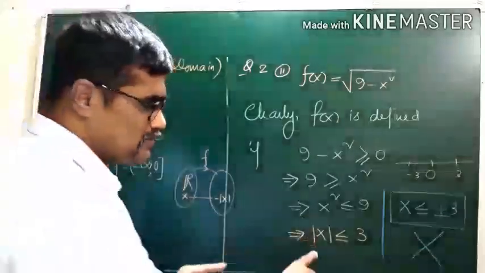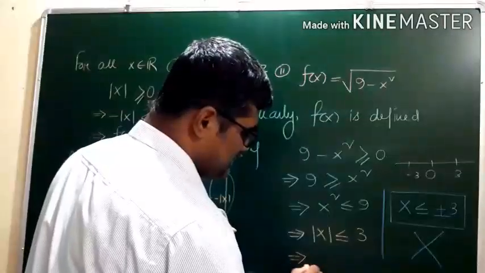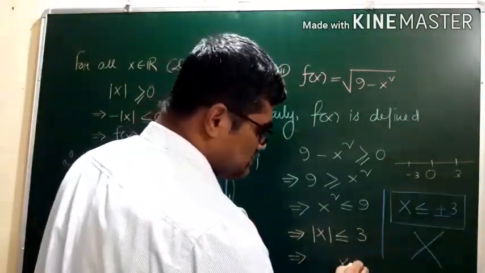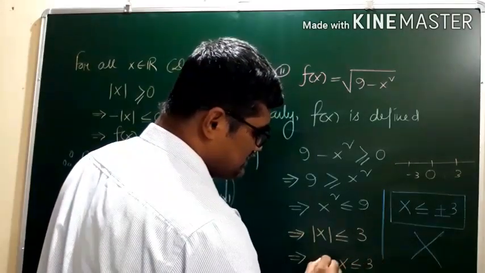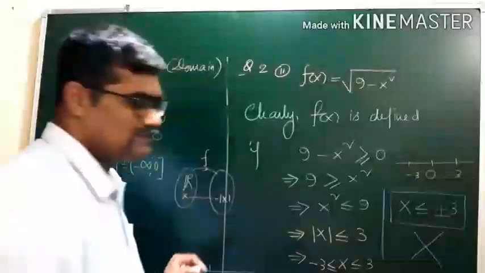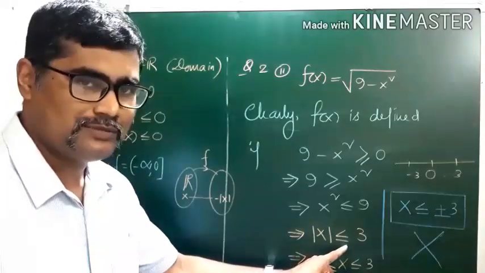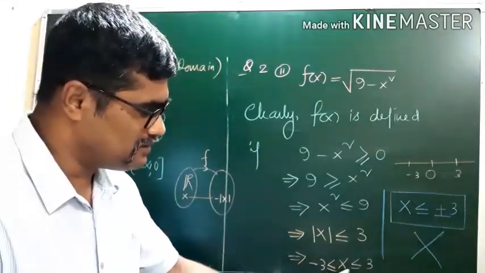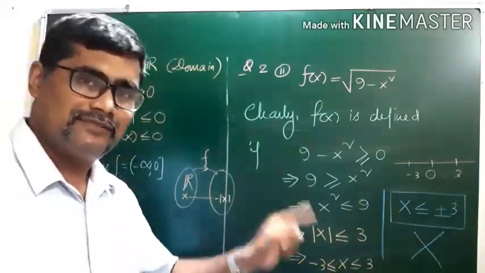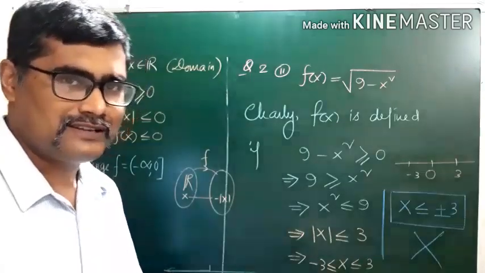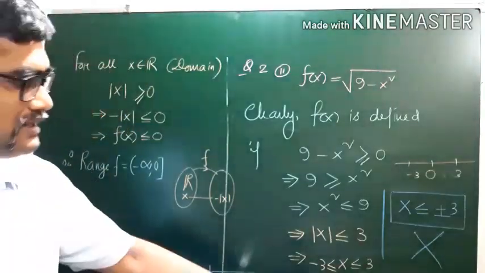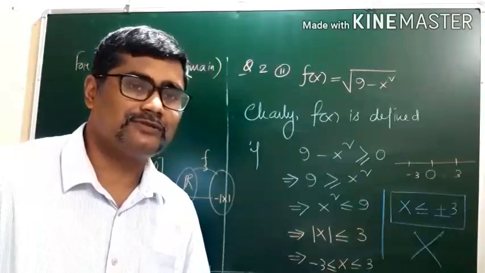So that means once you write it like this, x will be lying between minus 3 and 3. If it is strict inequality, equality will not be there. If it is there, here also you have to count it, right? So from here you have seen that x is lying between minus 3 to 3.